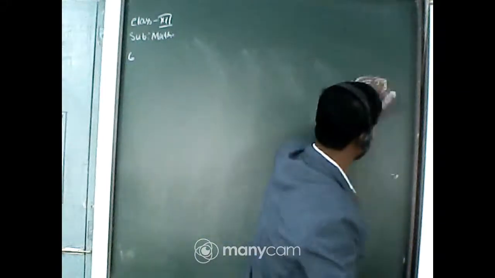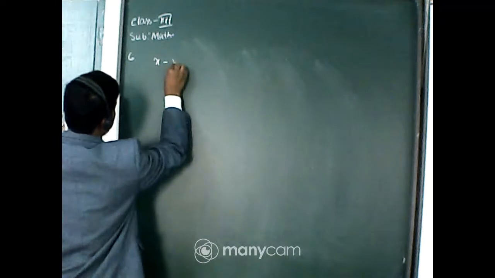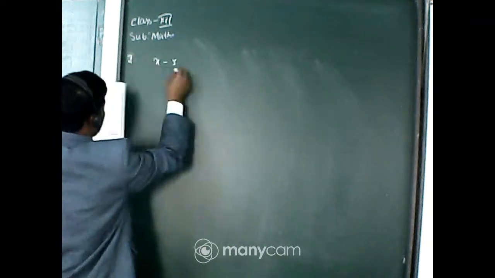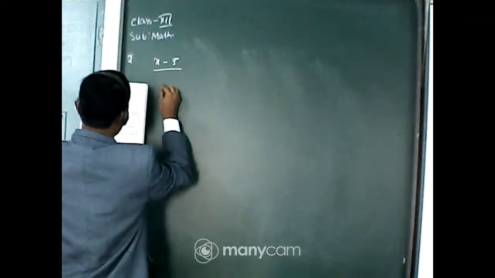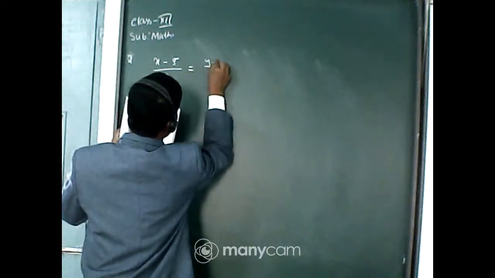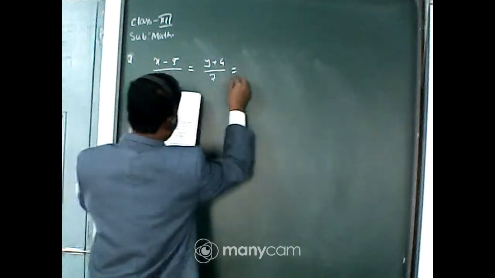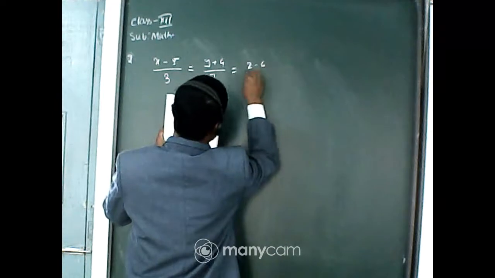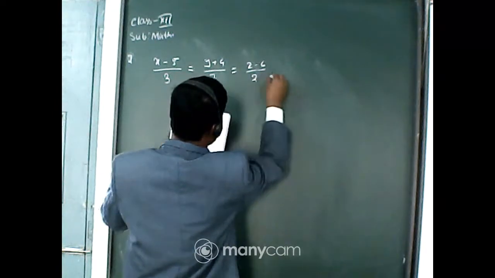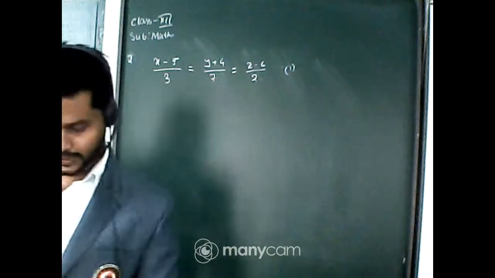The Cartesian equation of the line in question number 7 is (x-5)/3 = (y+4)/7 = (z-6)/2. This is the Cartesian equation of the line. We have to find the vector equation of the line.